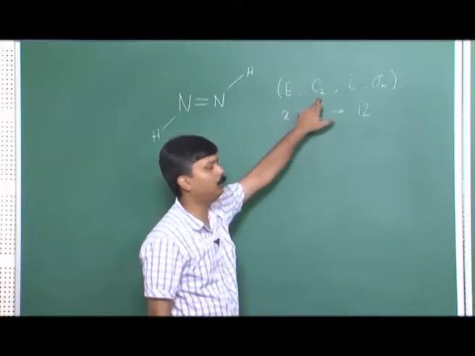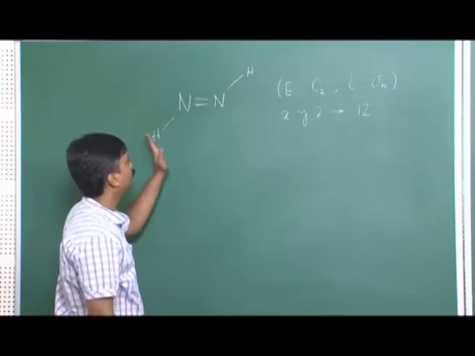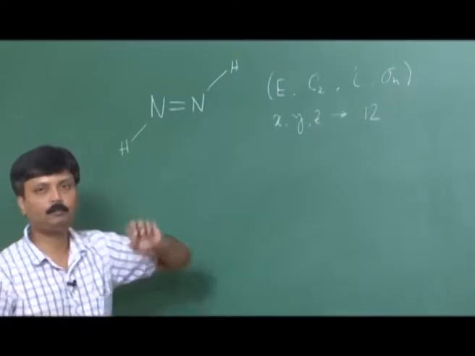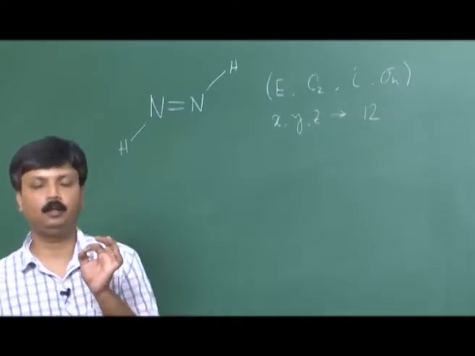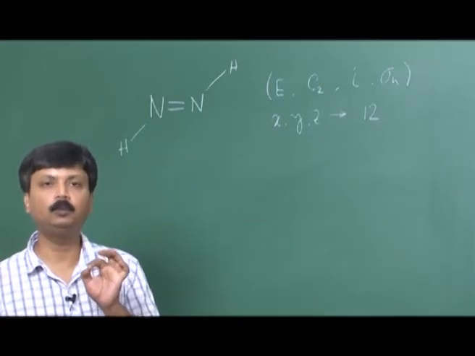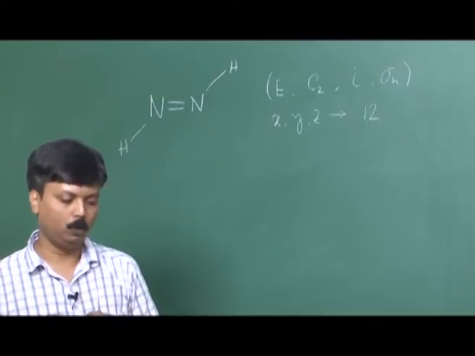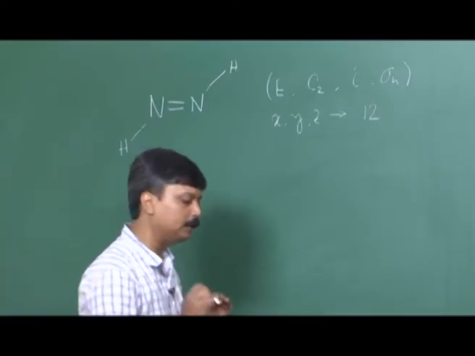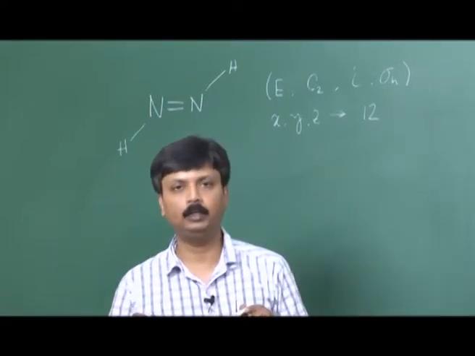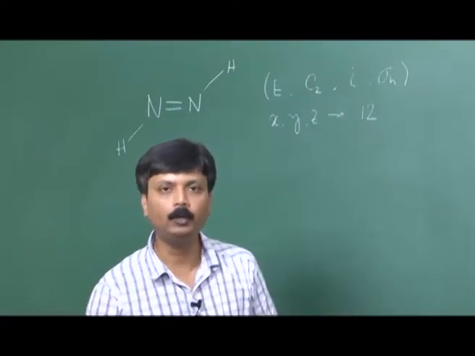If I operate C2 on this molecule, whichever atoms are shifting from their position will contribute nothing to the diagonal of the matrix that I can form. For us, when we are dealing with characters, it's the diagonal element which matters. Off diagonal elements don't contribute anything to the overall character.